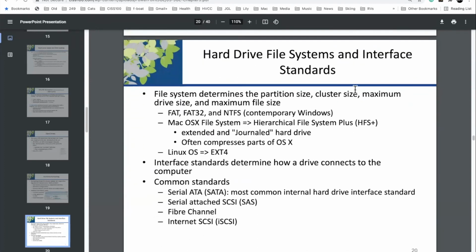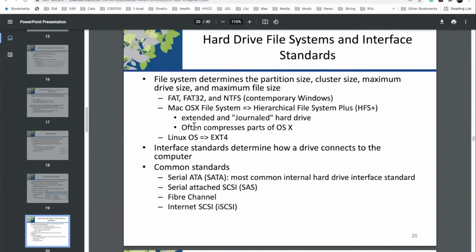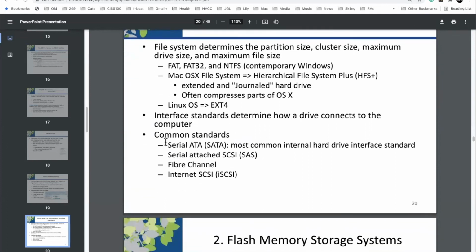Hard drive file systems, again, this is an operating system construct. It's already presented, the FAT, the Mac HFS, etc. Interface standards, now we're getting back into the hardware. Serial ATA, serial attached SCSI. And note this, again, serial, 1 bit at a time, in contrast to what occurs inside a computer, where we have parallel buses.